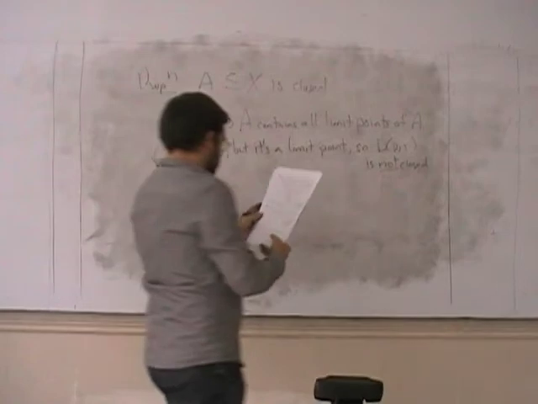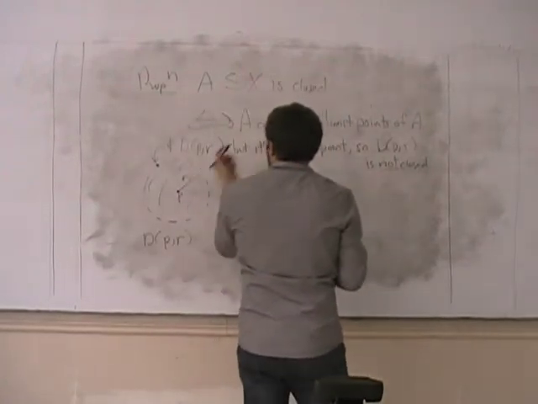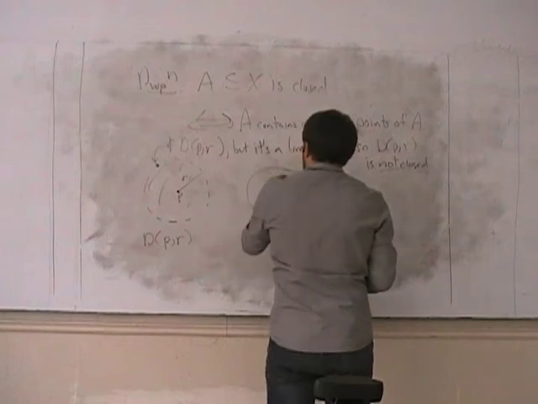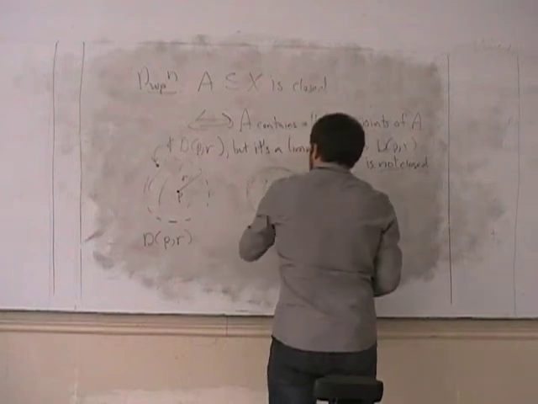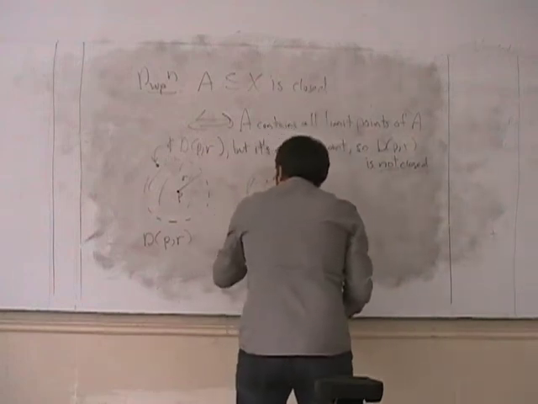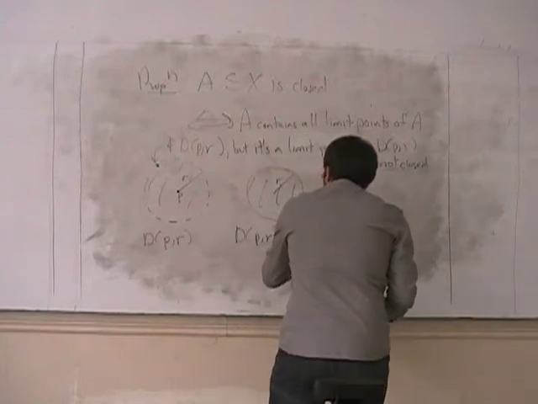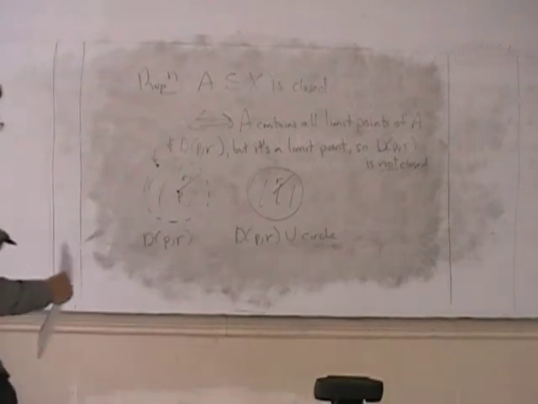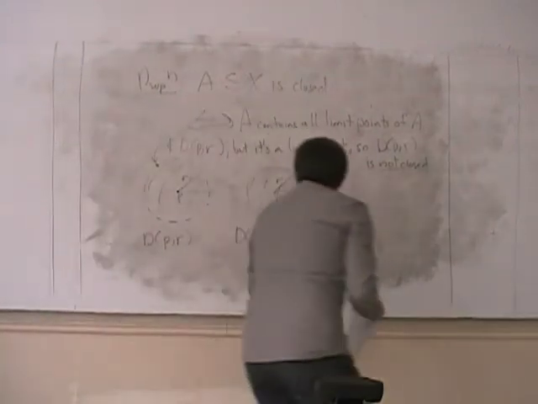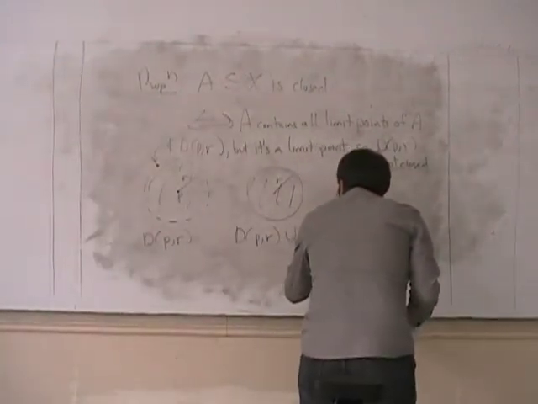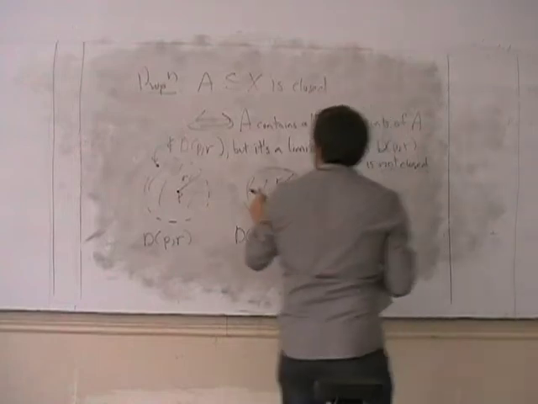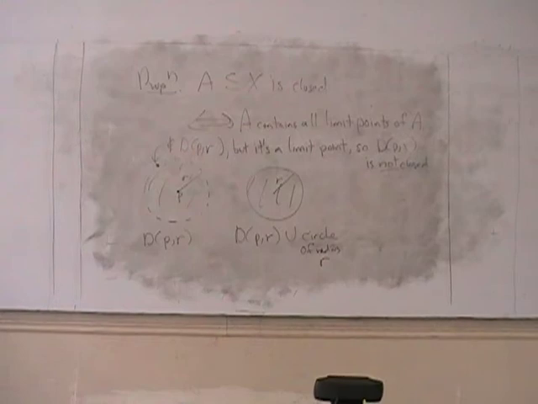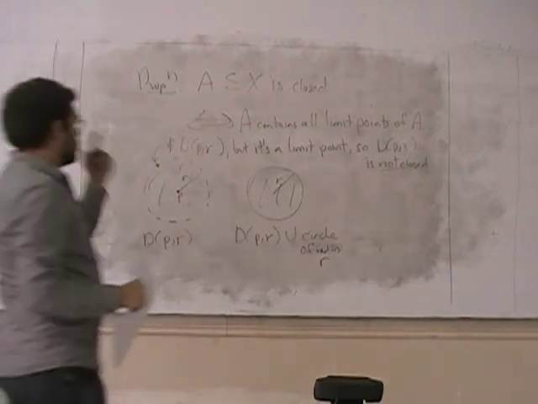If you do this with a closed disk, so here I have D_P(r) union with the circle of radius r. Now, can you find any limit points that do not belong to the set? You can't.